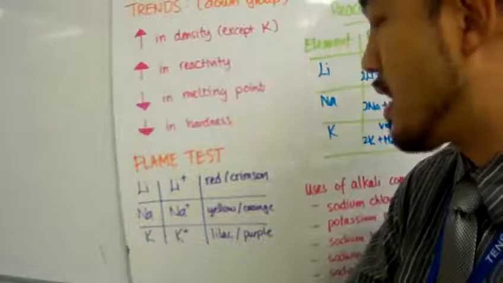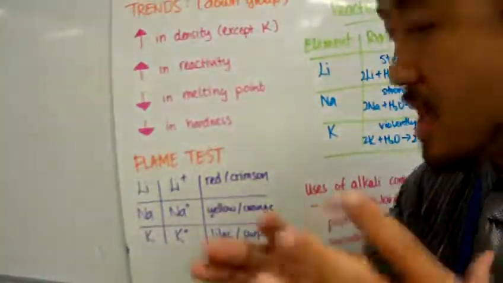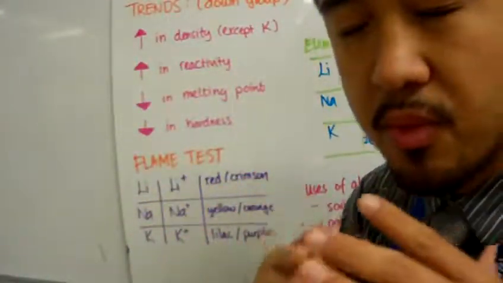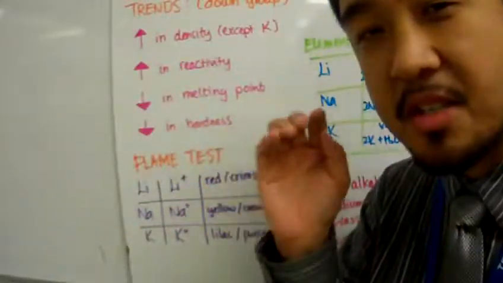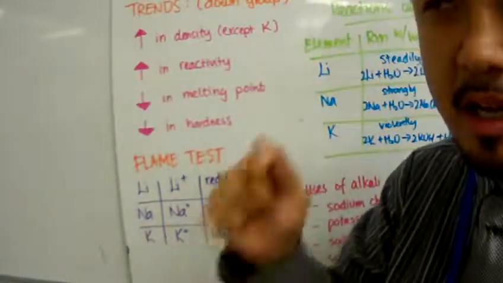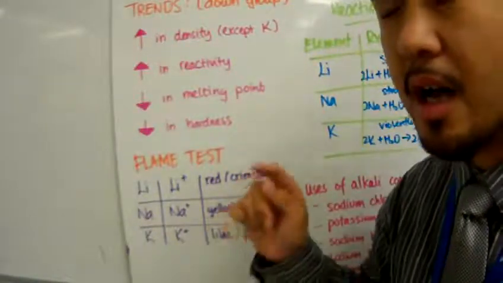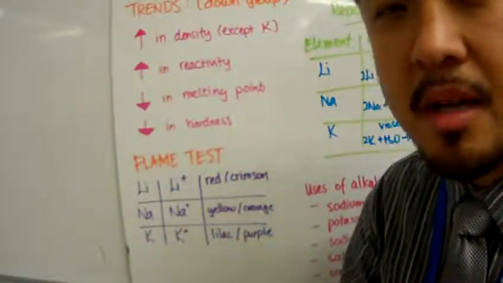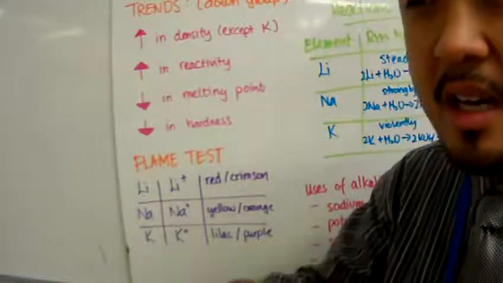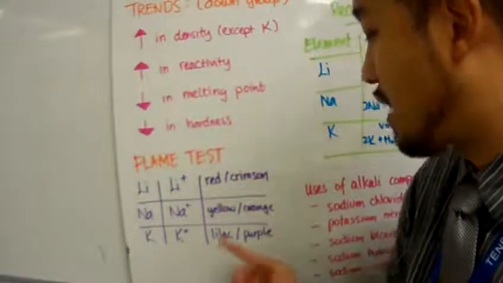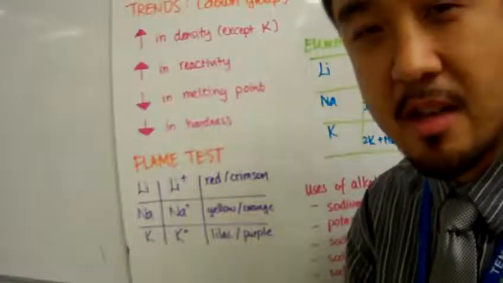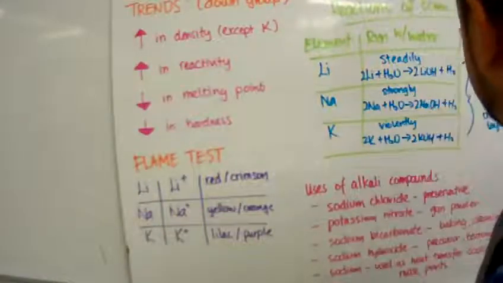Sodium ion, on the other hand, emits a yellow orangey flame when it's excited, when you put it under a flame. And potassium ion will emit a purplish lilac color, kind of like this color that I've used here.